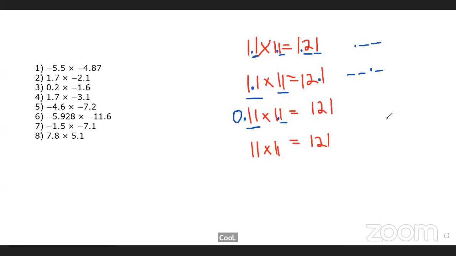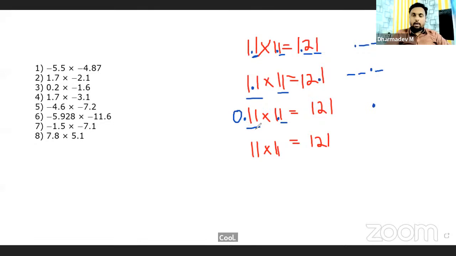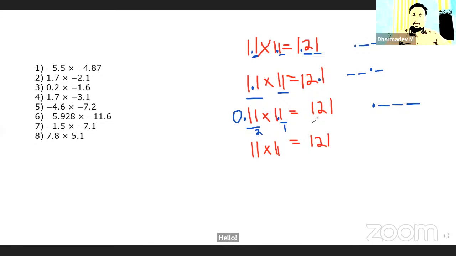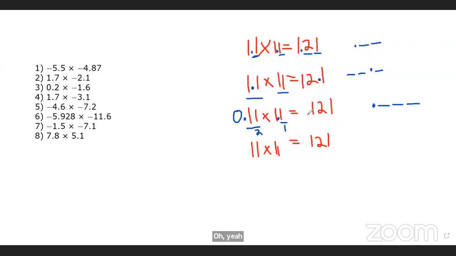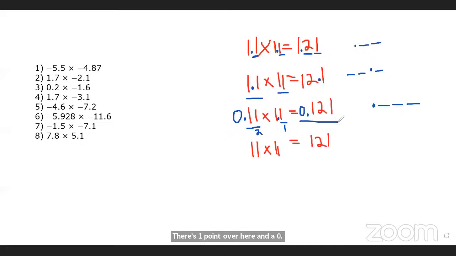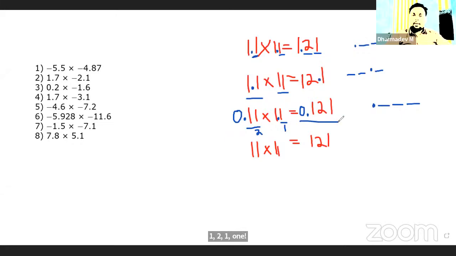So total 3 numbers. First one I have 2, second one I have 1, so total 3 points. 1, 2, 3. So where will the decimal point come for the answer? Decimal point over here and a 0. Did you get it? 0.121. Are you okay?